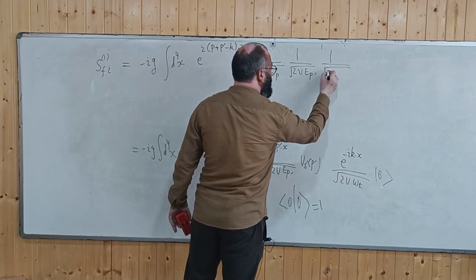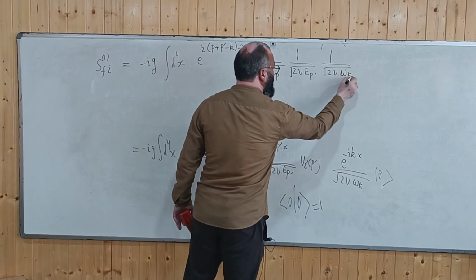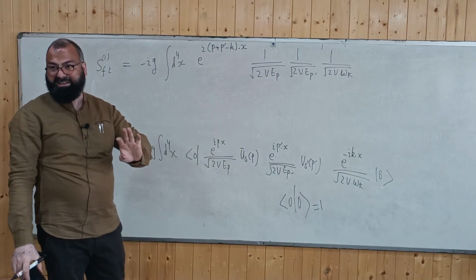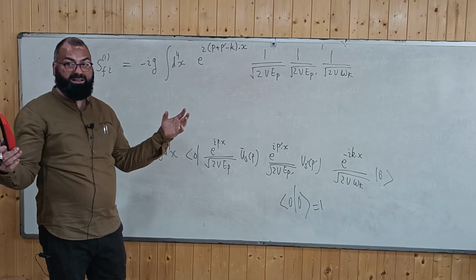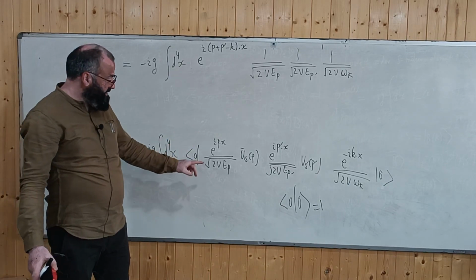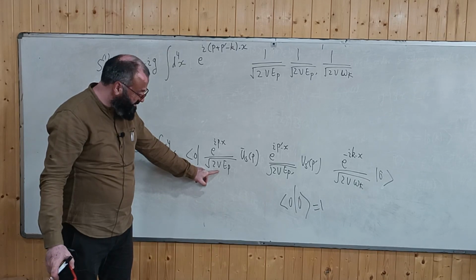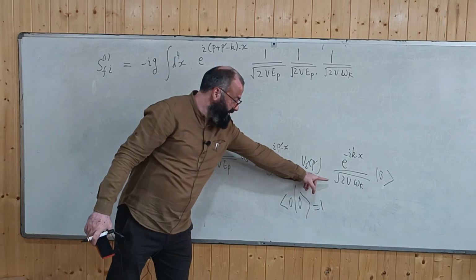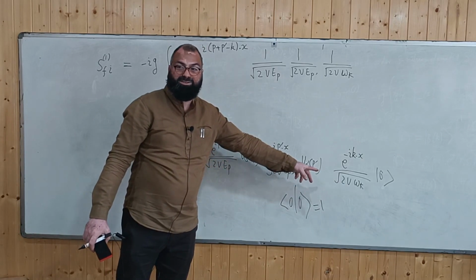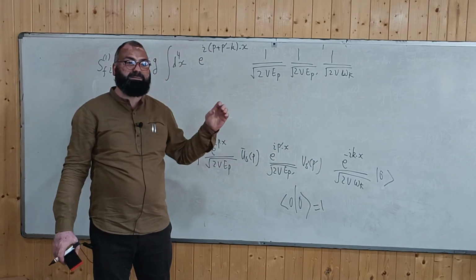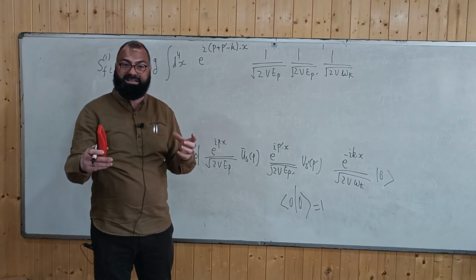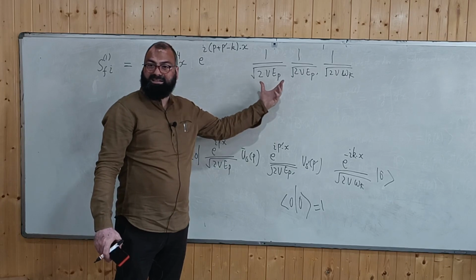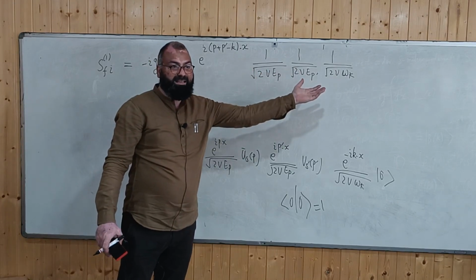If you look at this very formula, how many particles are involved? Three particles, I mean three external lines are there. Each external line carries a factor: this factor is for the electron, this factor is for the positron, and this factor is for the initial boson. So each external line of the diagram carries these factors. Suppose you are having n external lines in the diagram, so how many factors will be there? n factors.